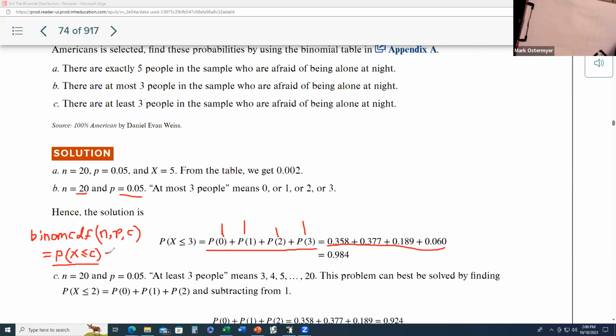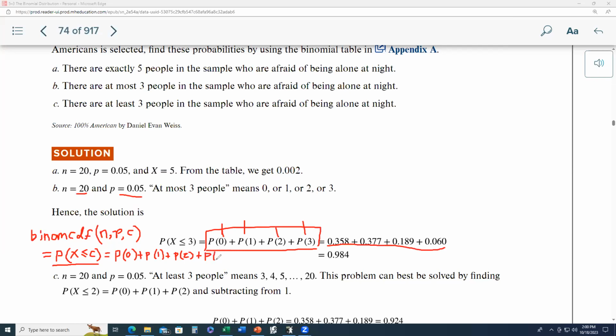Which is amazing, because here's what it's going to do behind the scenes for you. That one function is going to take care of all this business here. Because what it's going to do is add up the probability of having 0 successes to the probability of having 1 success. Add that to the probability of having 2 successes. Add that to the probability of having 3 successes.